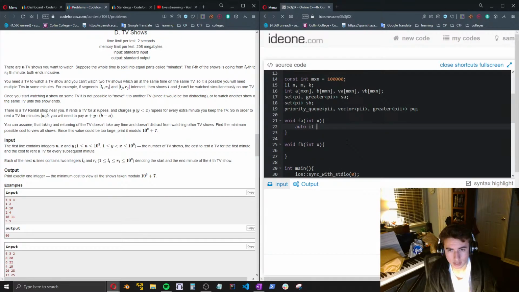Auto t is equal to, no, I was already fixed. SB dot lower down to upper.